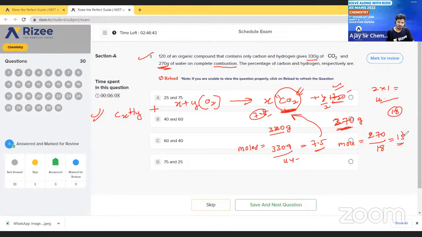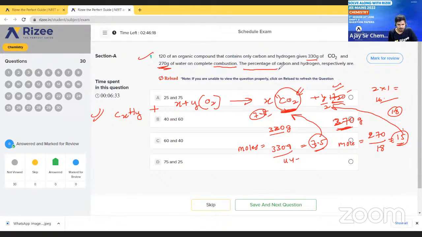See here, 15 moles of H2O is present in this combustion reaction. 7.5 moles of CO2 is present and 15 moles of H2O is present. Is it clear? Give me one thumbs up. Then what do we have to find in this question? What are they asking exactly?